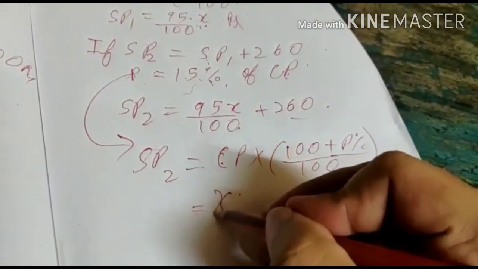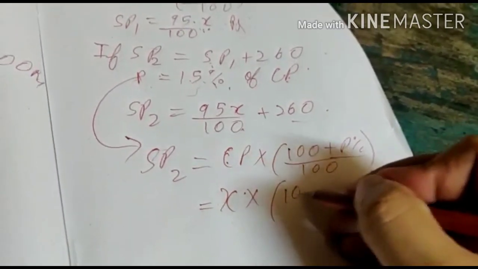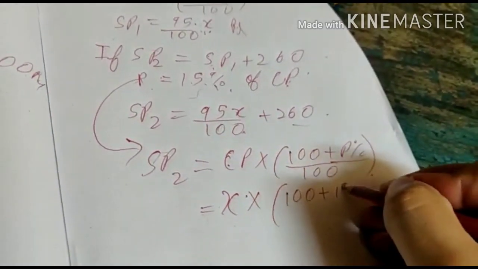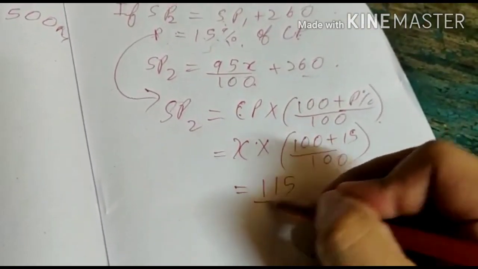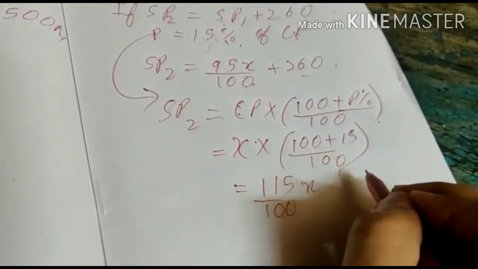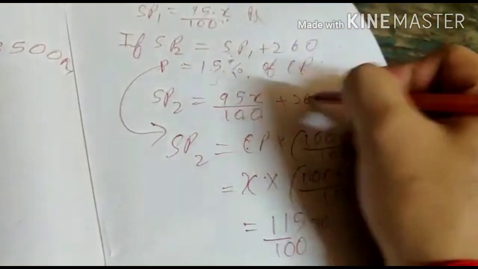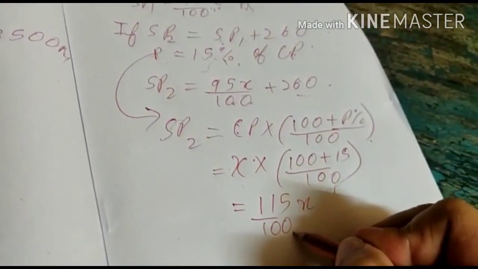So X into 100 plus 15 upon 100, that is 115 upon 100 X. This is also SP2 and this is also SP2.